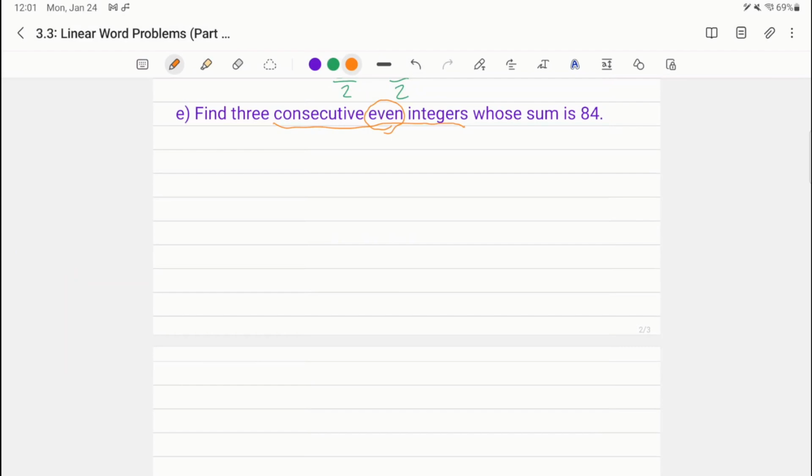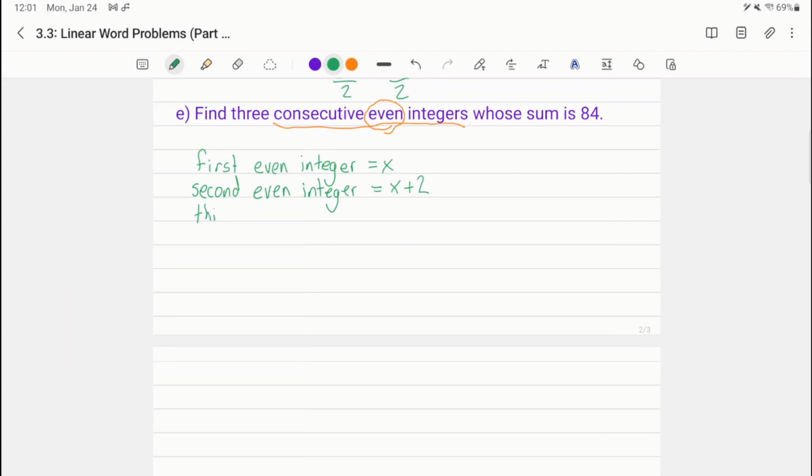So that means if I let our first even integer be x, then our second even integer, because it's 2 away, that'll be x plus 2.